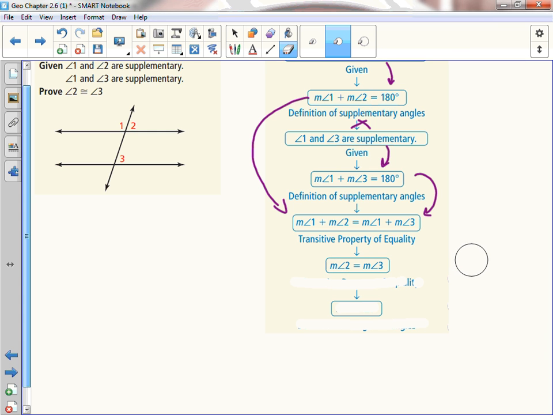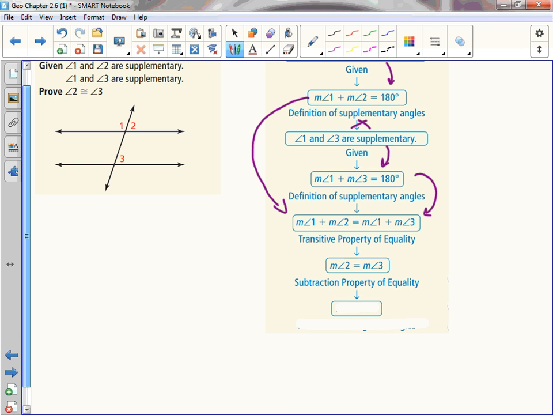That the measure of angle 2 is equal to the measure of angle 3, yes? And that there is our subtraction property of equality, because I subtracted that angle that's the same on both sides away, which got us this here. So is that what we wanted to prove, that the measure of angle 2 is equal to the measure of angle 3?